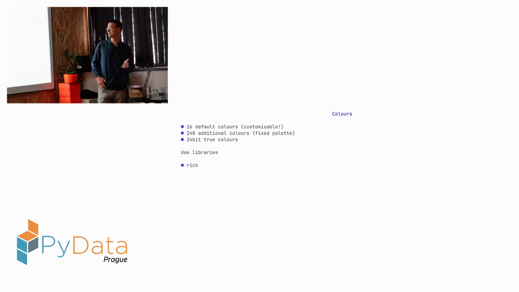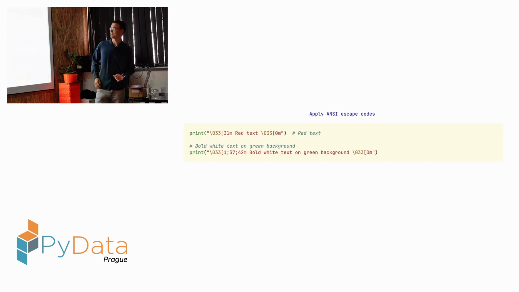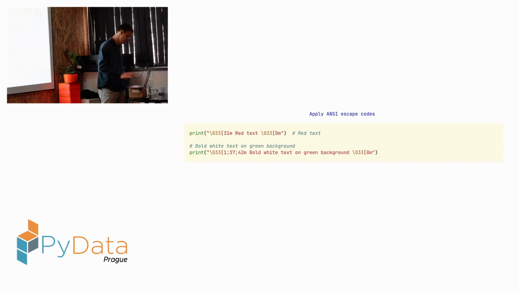The way you can specify colors using the terminal itself is using something called ANSI escape codes, which you basically ask ChatGPT to write for you, because there are some meanings to those numbers that you put, and those special commands will just ensure that the text will be red and that the other will be white on green.